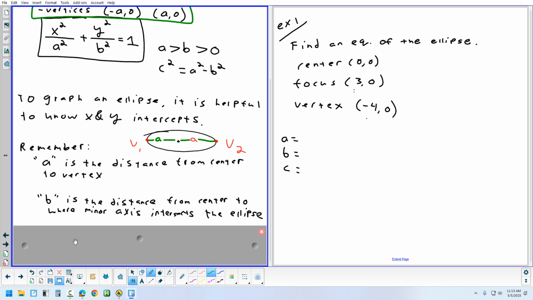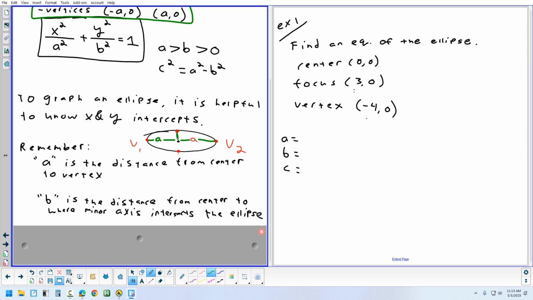Okay, B. That's the distance from the center to where the minor axis crosses the ellipse. So I had a point up here and a point down there.